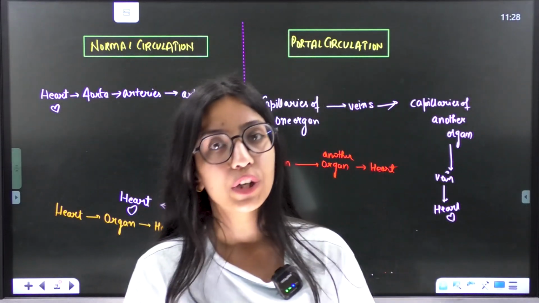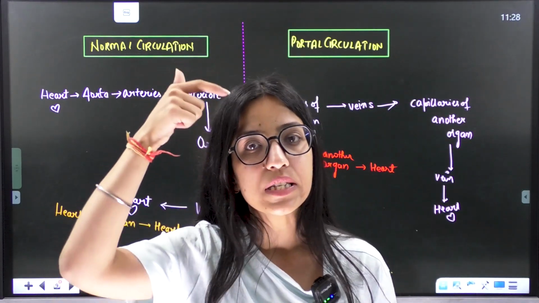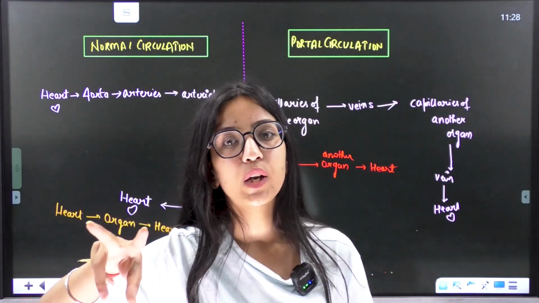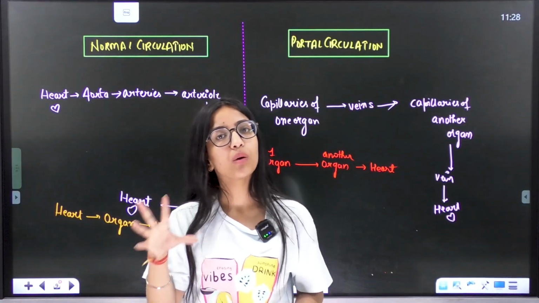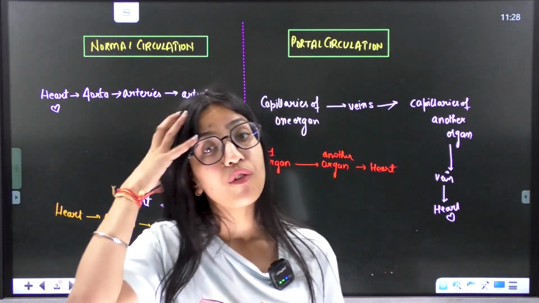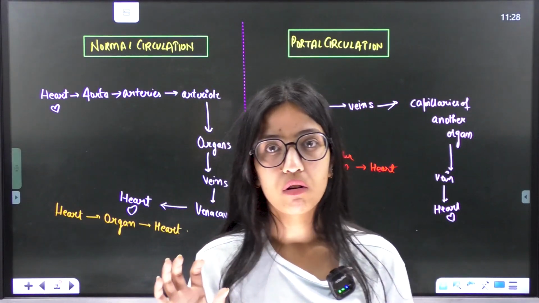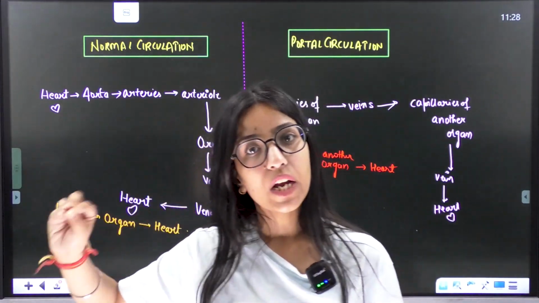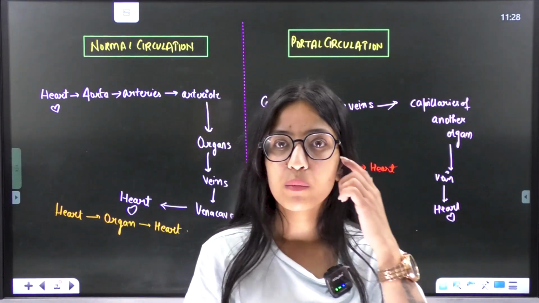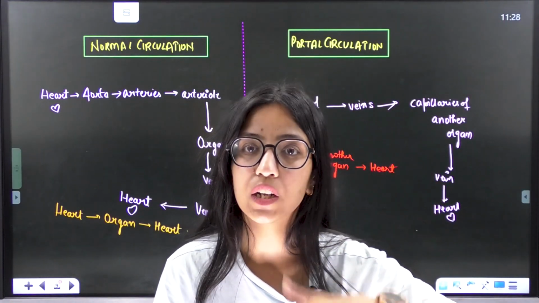When we talk about a human, we learn two types of portal system. One, hypophyseal portal system, and second, hepatic portal system. The hypophyseal portal system is of the hypothalamus, but this is absent in frog, right? We study another portal circulation system in frog, that is the renal portal circulation, which is absent in human.